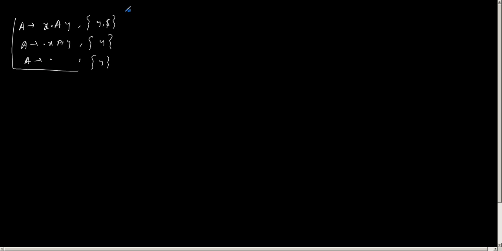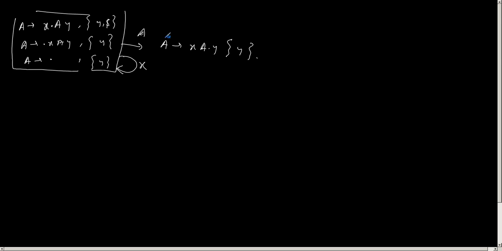So I have state S4 as A → X.AY, A → .XAY, and A → . with the corresponding look ahead symbols Y dollar, only Y, and only Y. From here, if I consume the symbol X, then it will remain in that state, and if it has A, then it will have A → XA.Y, and the look ahead symbol will be only Y.